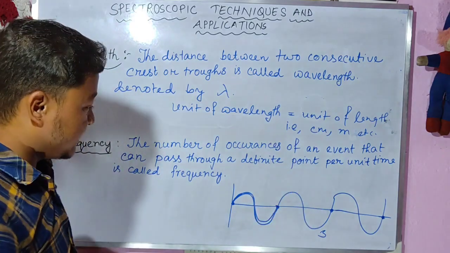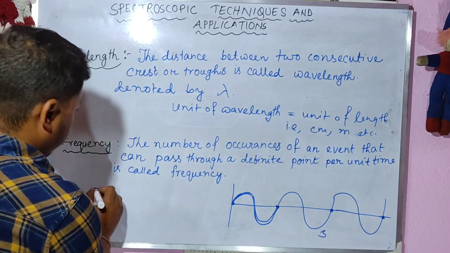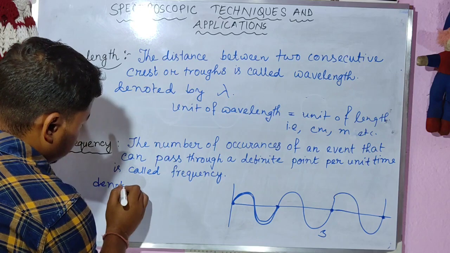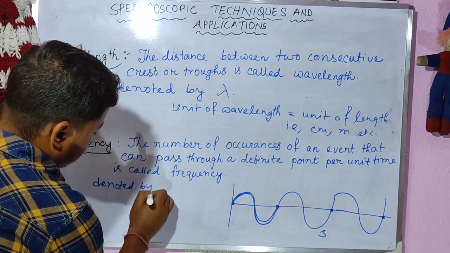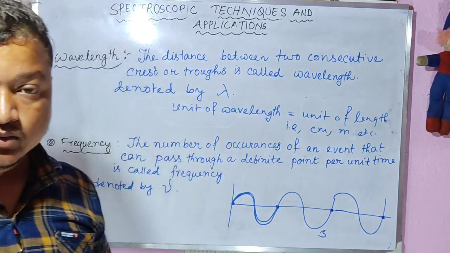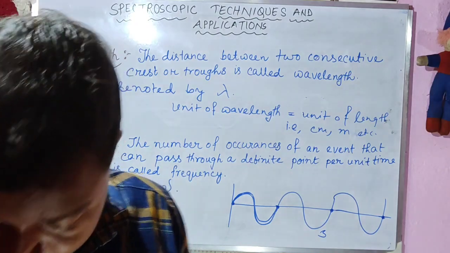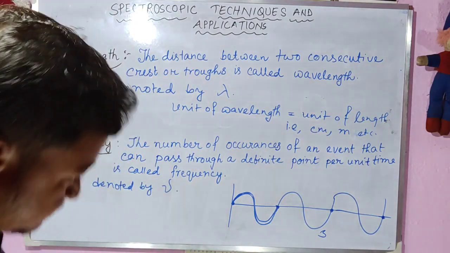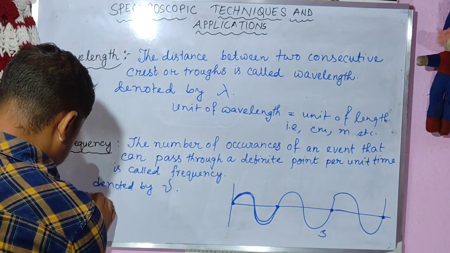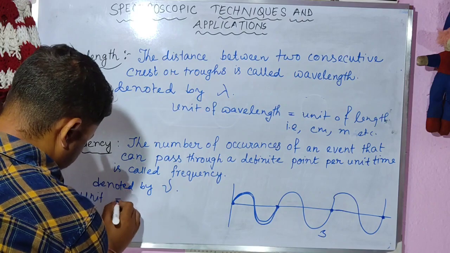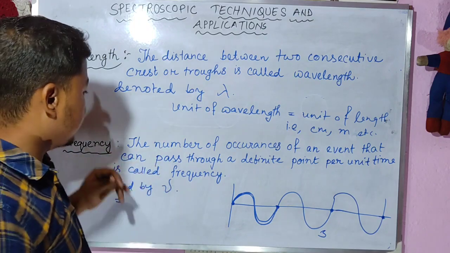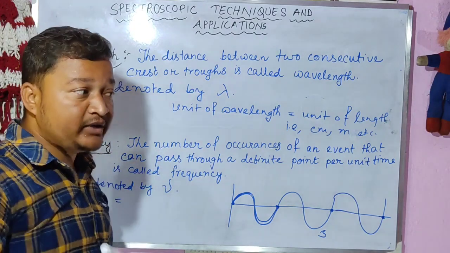Okay, and frequency is denoted by nu. And the unit of frequency: the frequency is a number of occurrences per unit time.